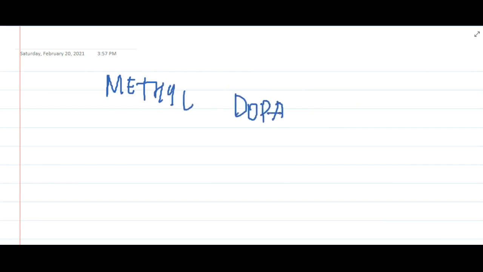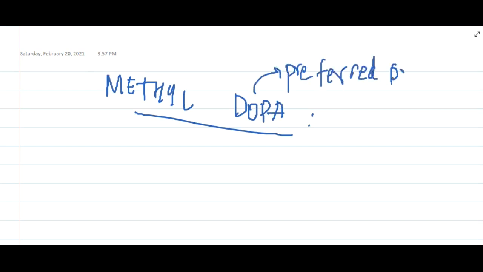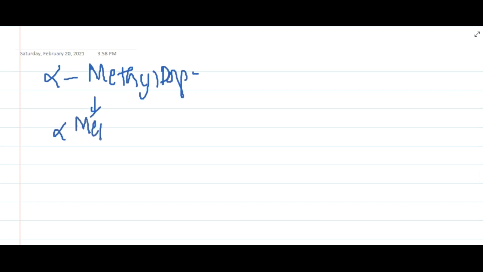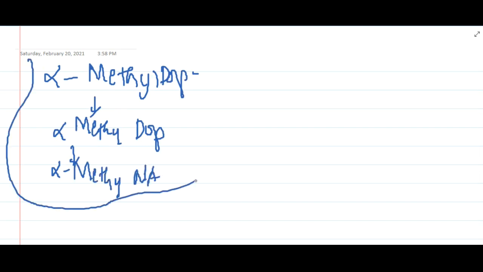This Methyl Dopa is actually a preferred drug in pregnancy. It works in a similar way. First we have alpha methyl dopa which will enter the neuron, and it forms alpha methyl dopamine which will enter and form alpha methyl noradrenaline. This alpha methyl noradrenaline is released into the synapse.